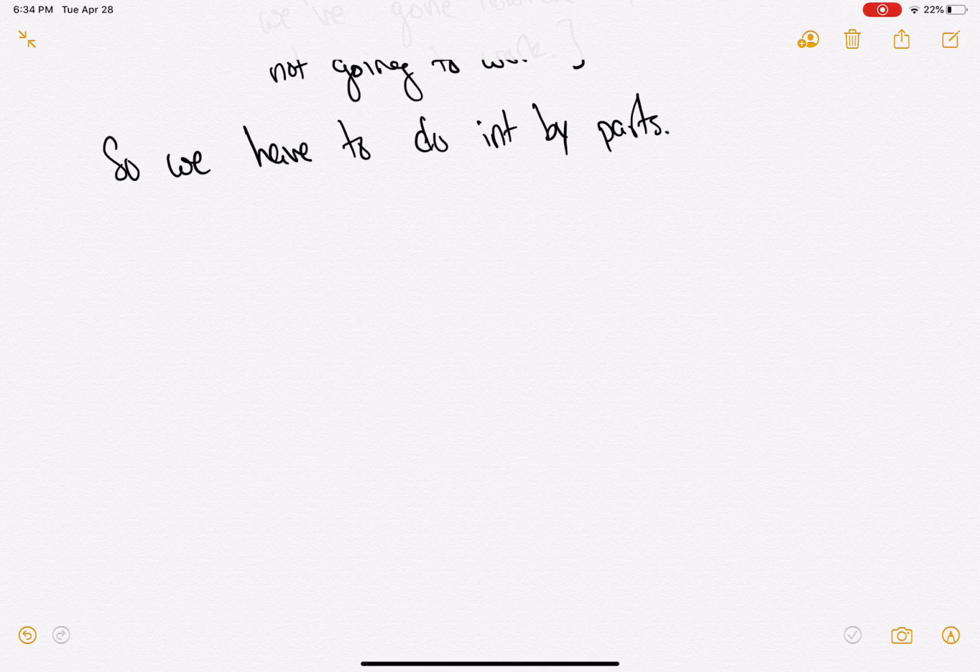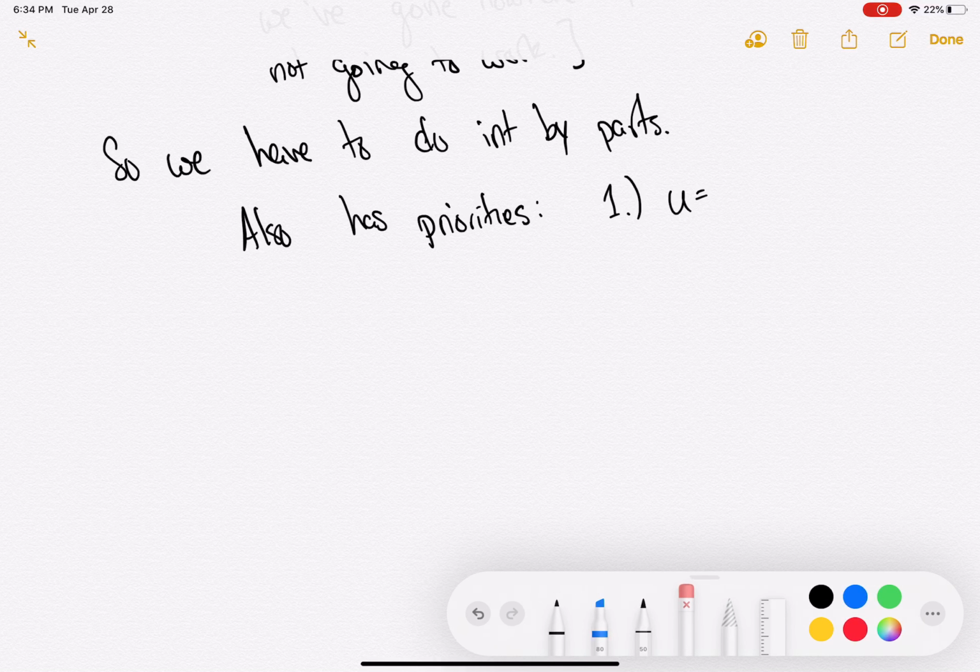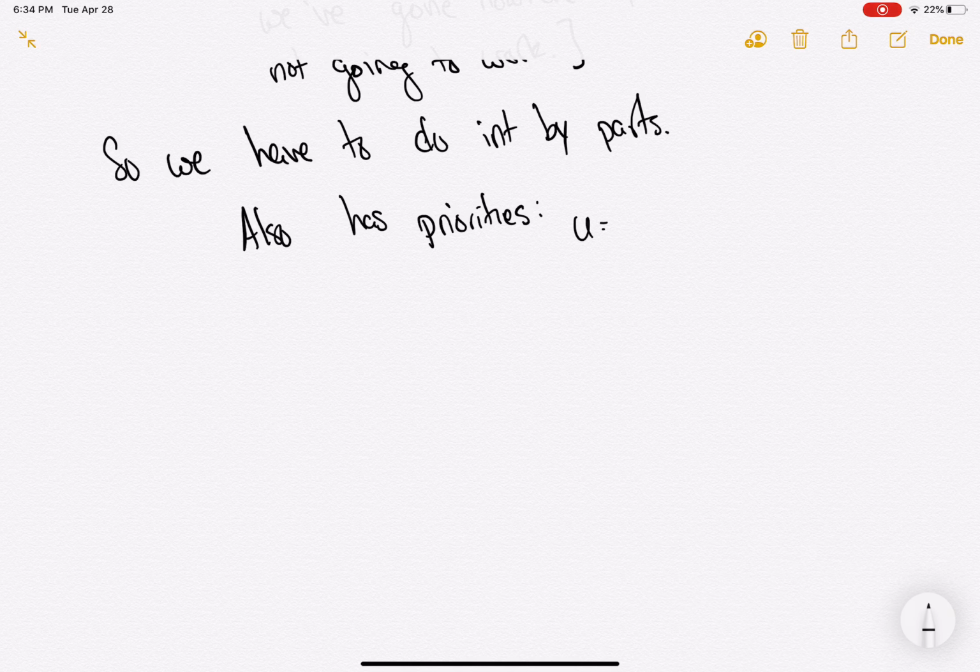Integration by parts also has priorities. The first priority here is for what u would be. U equals, first, the natural log of x, if it exists.